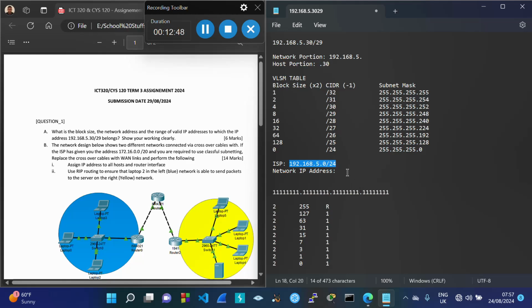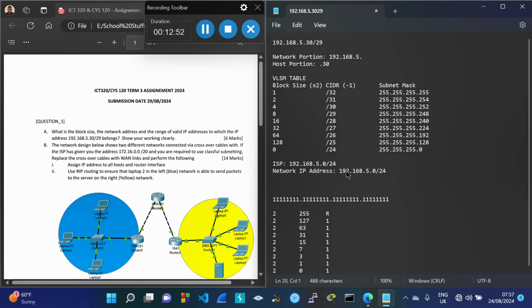Okay, so that's the network IP address which we are given from the internet service provider. Now the question has given us a /29. So where there's a /29, we have a block size of 8. So as I said, a block size of 8 will help us identify the number of hosts we can accommodate.